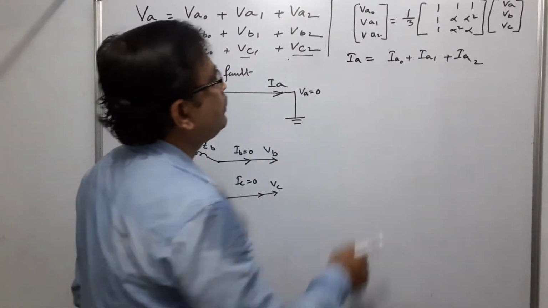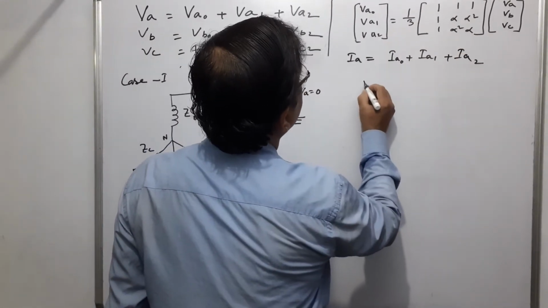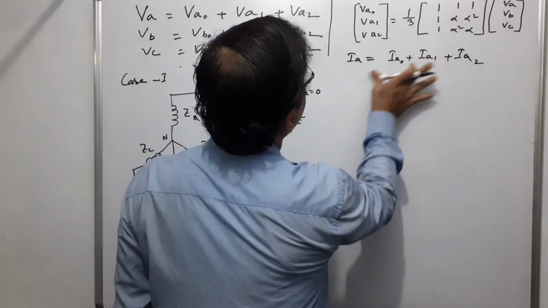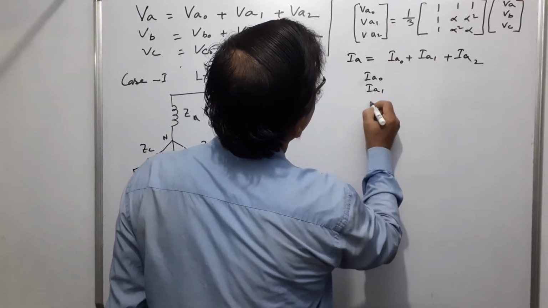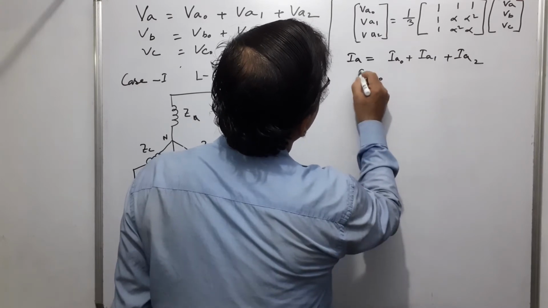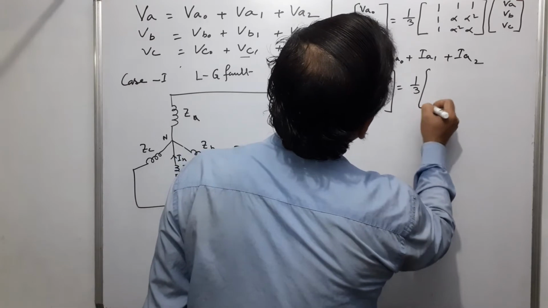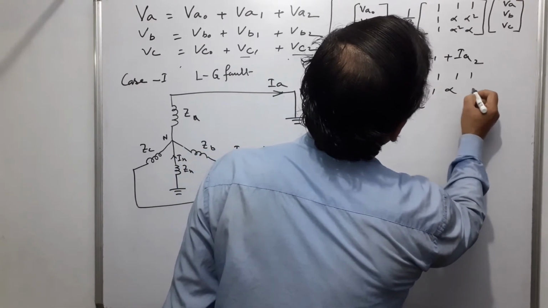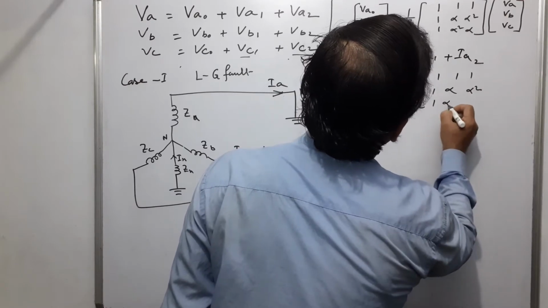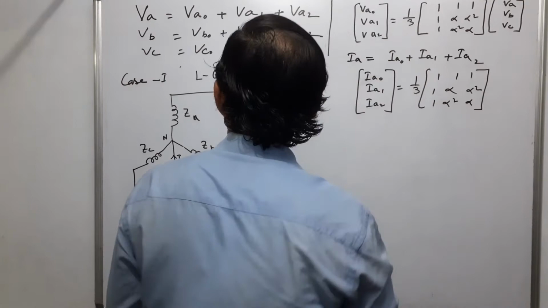So using this we can say IA0, IA1 and IA2 equal 1/3 of the matrix.